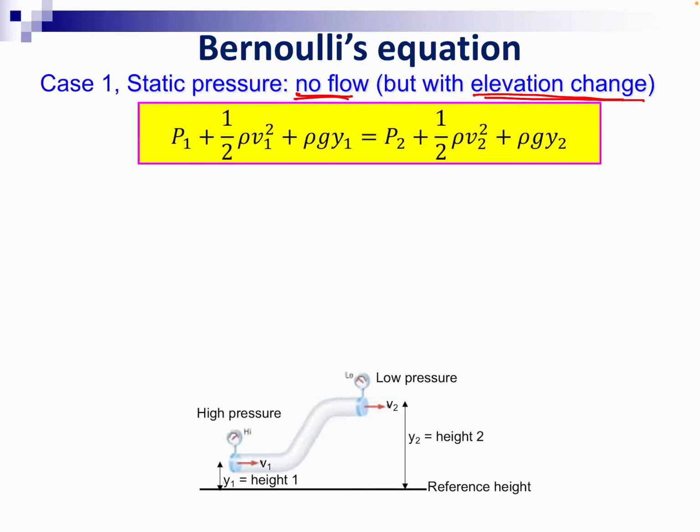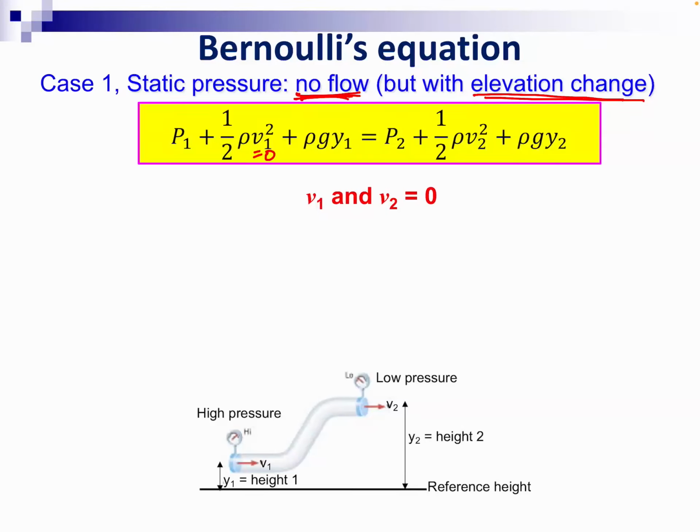So how does Bernoulli's equation simplify if there is no flow, meaning there's no speed, but there is a change in elevation, right? So no flow, meaning the fluid is not flowing, the fluid is just static, it's stationary, therefore speed V1 and V2 should be 0. That means this whole thing.